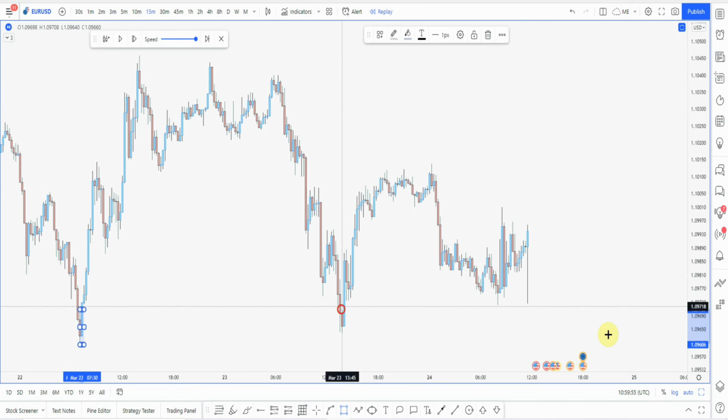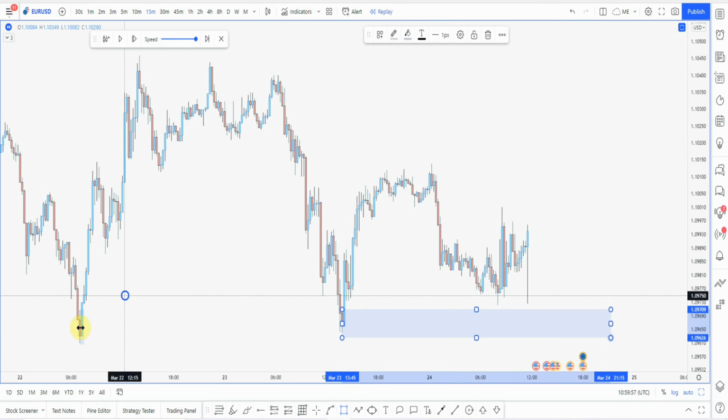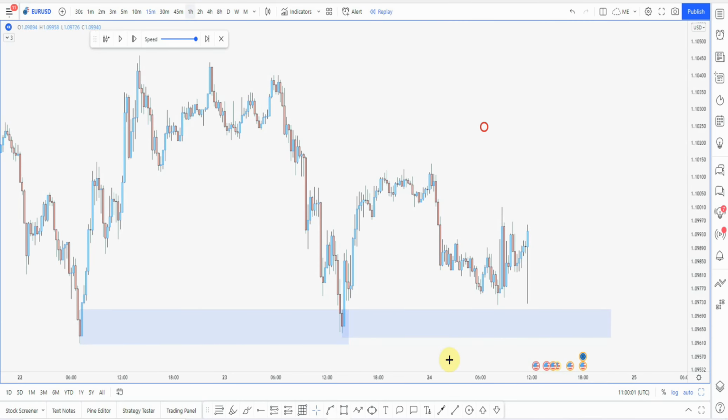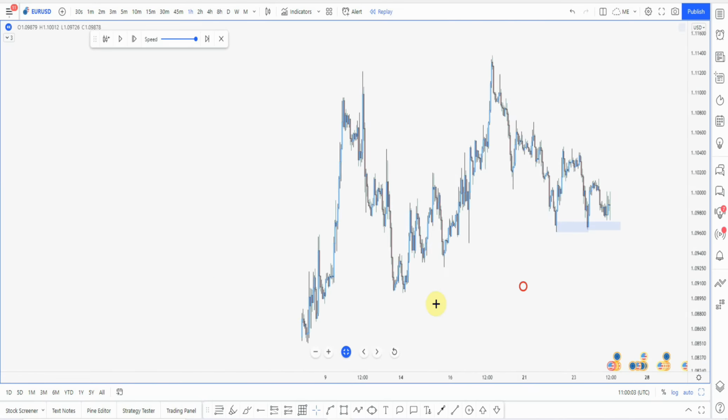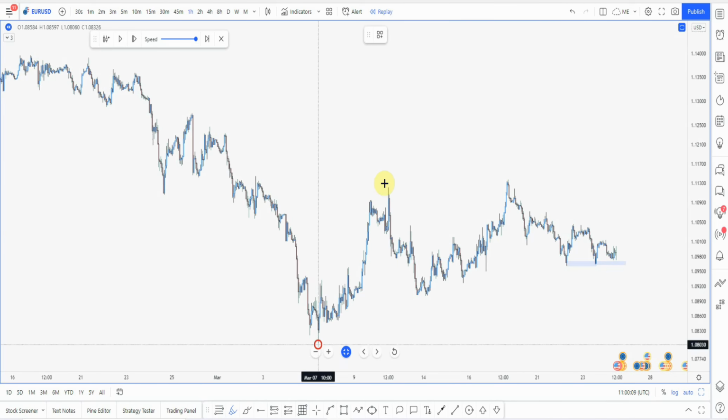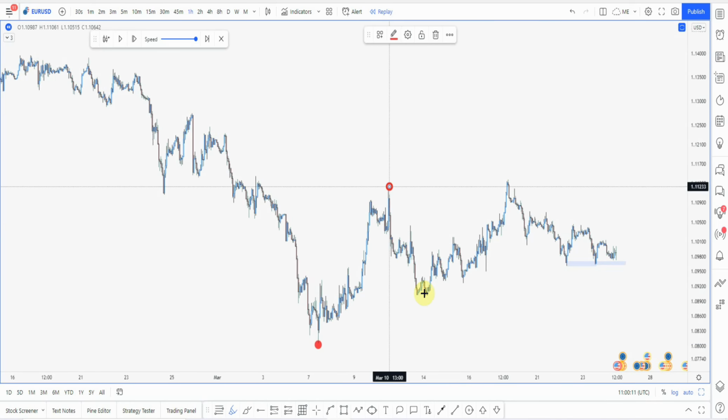order flow. When we go to the low H1 time frame, what we have is a low, a higher high, and a broken structure here. Okay, then the market started a new order flow.